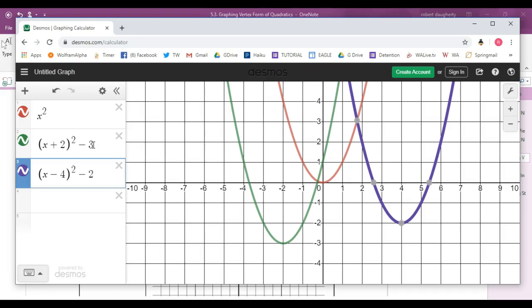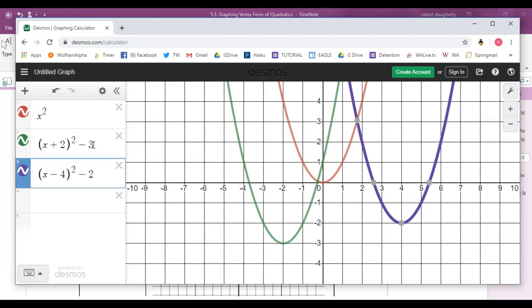This one moved it where? To the right. Yeah, 4 to the right and 2 down. So I should be able to tell what's the vertex here. 4, negative 2. What's the axis of symmetry here? What's the line about which this is symmetrical? x equals 4.